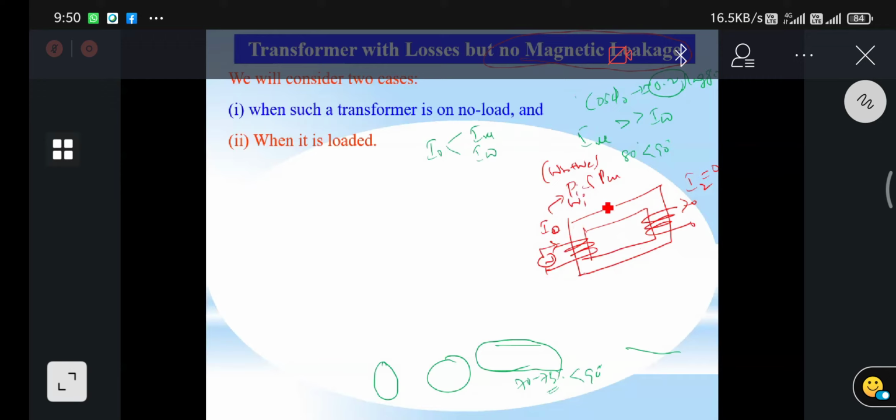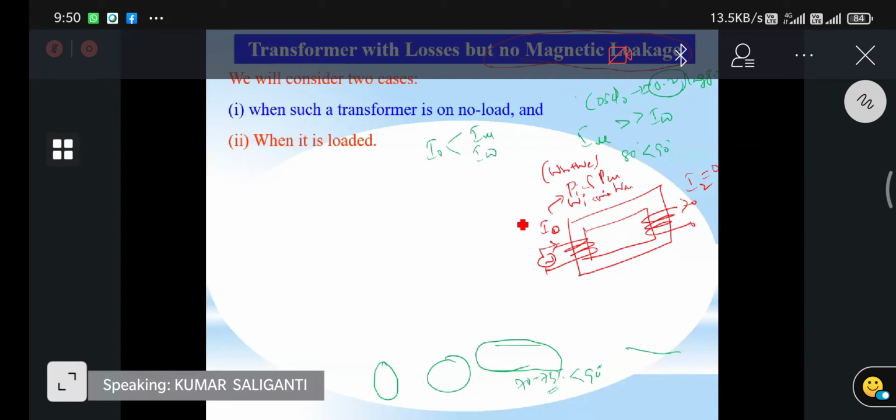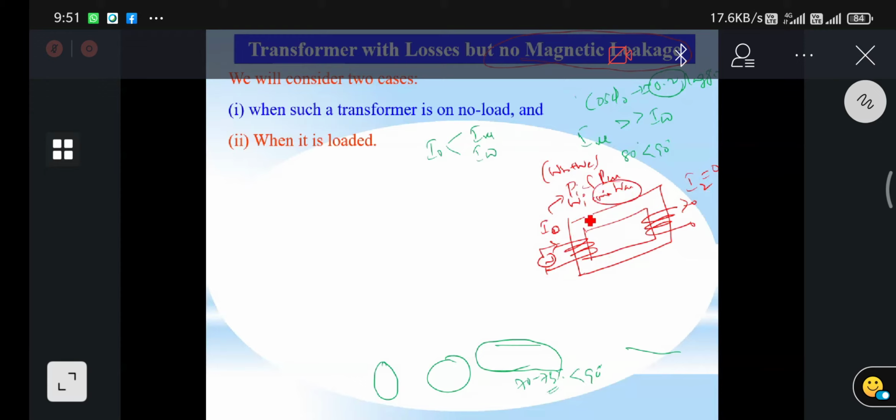Otherwise, you can write Wi and Wc. Here the copper losses are very less because the secondary side is open circuit. That's why the secondary side current is 0. We only have the primary side winding, so the copper losses are less. That's why we can neglect these copper losses.